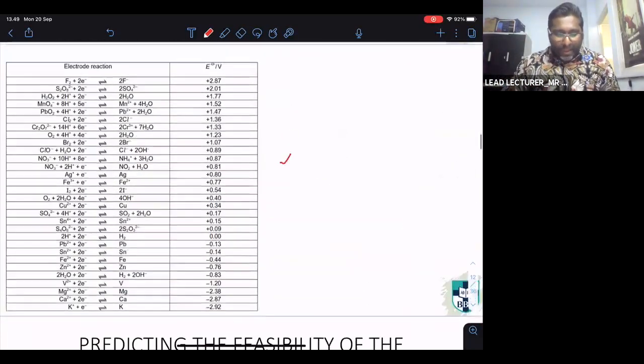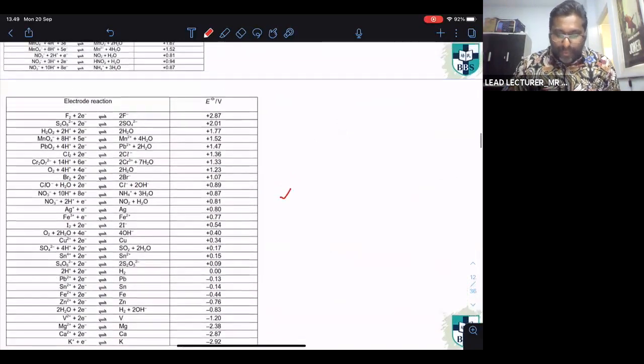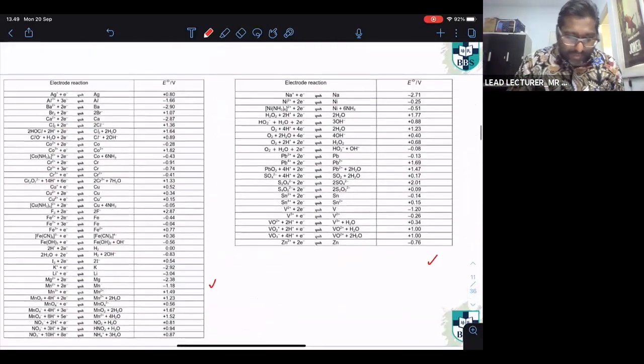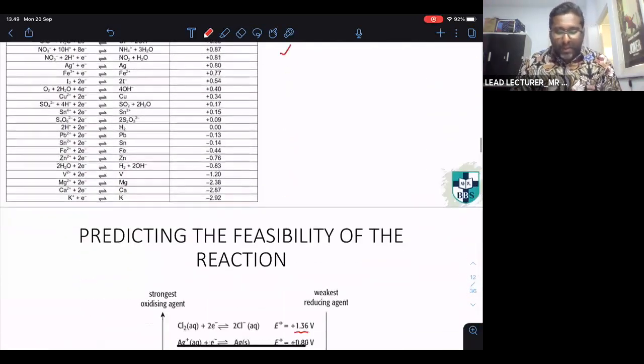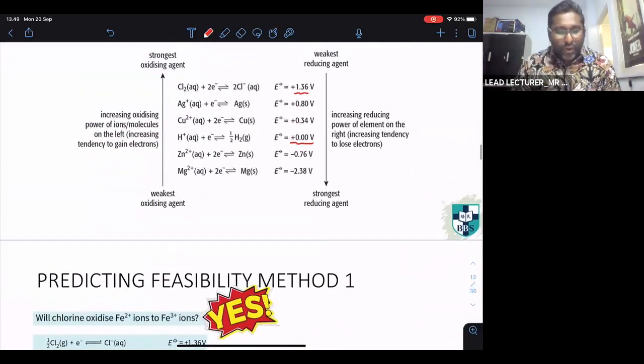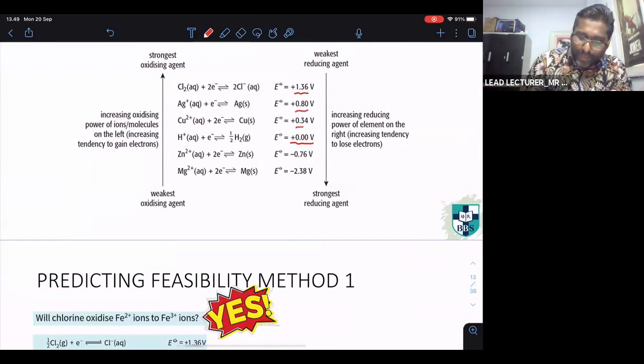Do remember that in your data booklet, it's not arranged properly. Sometimes it's mixed, sometimes it's arranged properly, but it doesn't matter. This is taken from your textbook. You can see the one that is more positive is at the top, and the one that is negative is at the bottom.